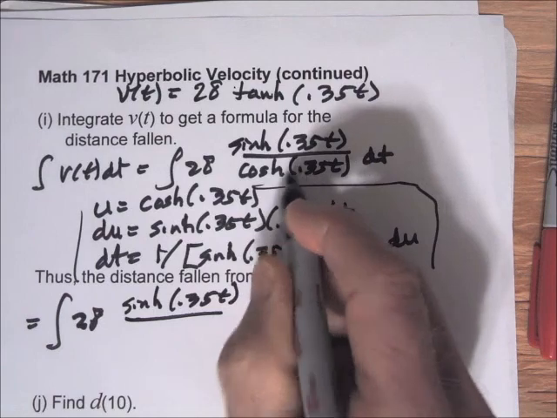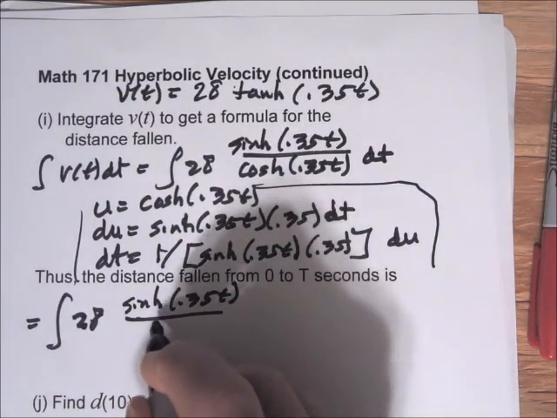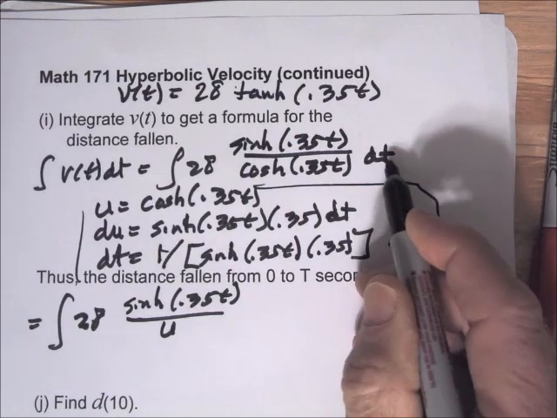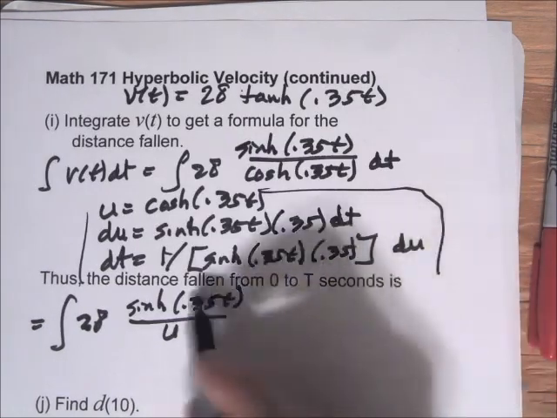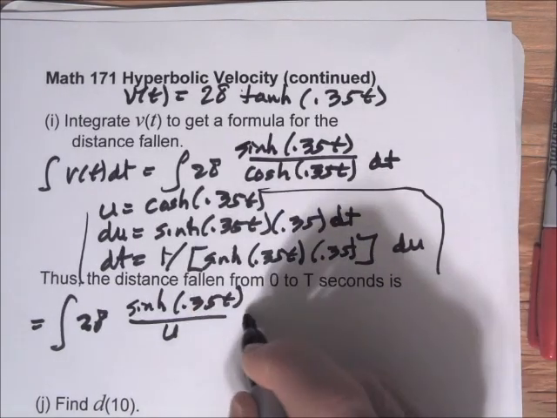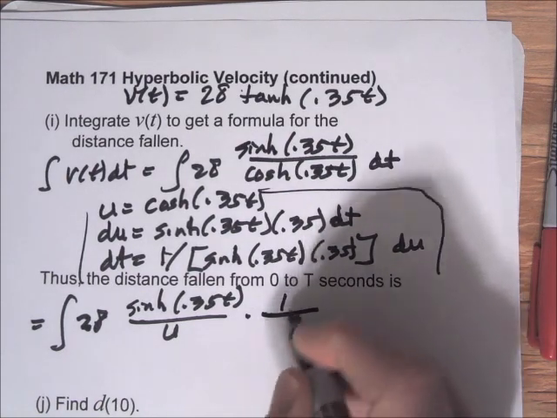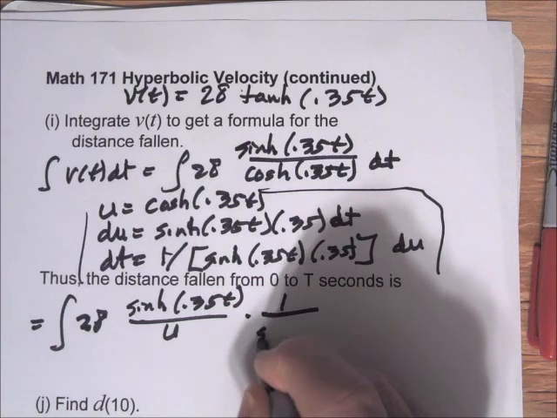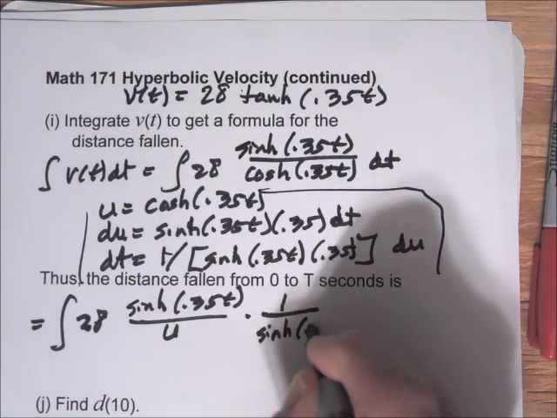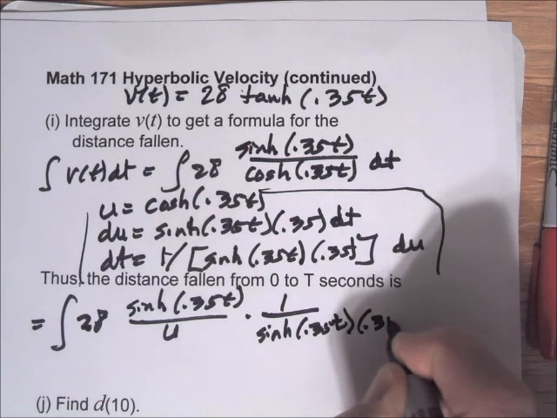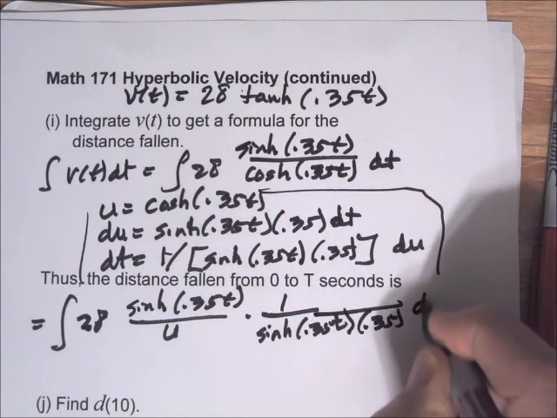Replace the denominator with u, where u is equal to cosh of 0.35t, and I'll replace dt with this expression here. This is 1 over sinh 0.35t and 0.35 du.